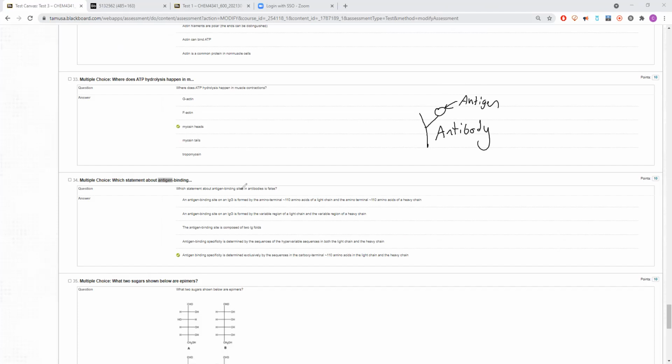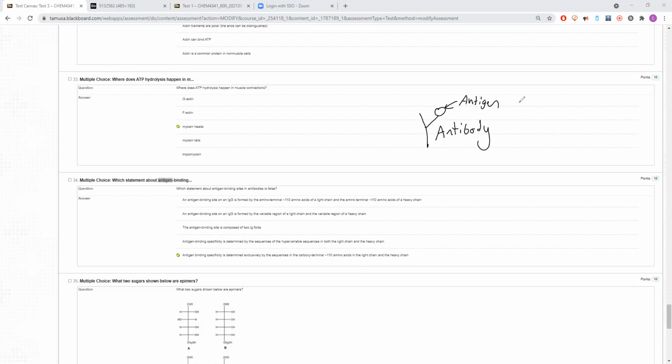So when we're talking about antigen binding sites, we're talking about antibodies. They're just saying where on an antibody will you bind an antigen? So we need to look at which statement's false.